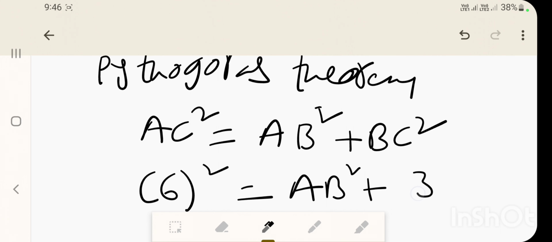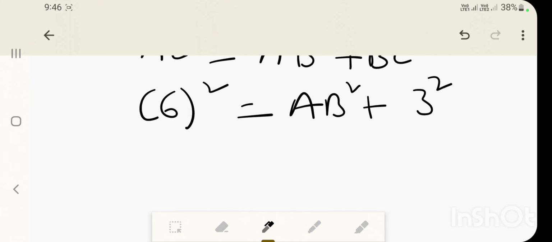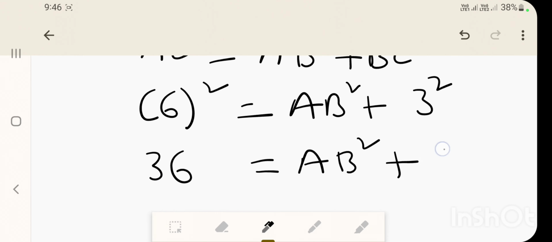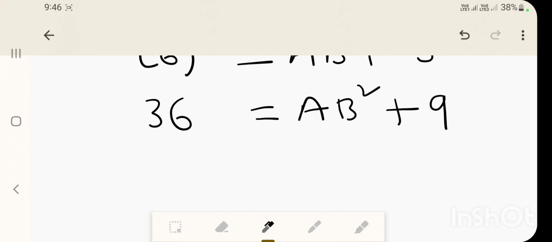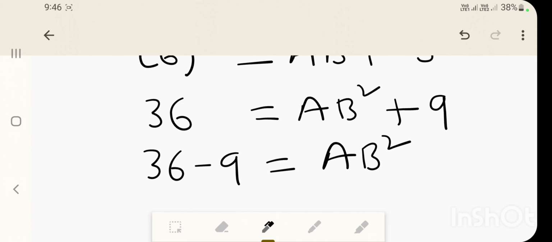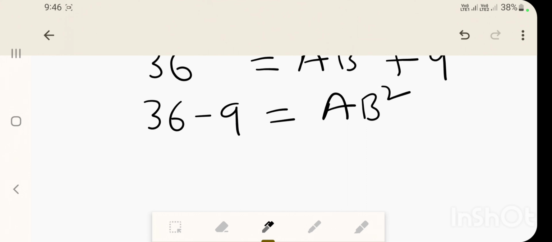So 6 square is 36, equal to AB square plus 3 square, which is 9. Now we bring this 9 to the left hand side, and we get 36 minus 9 is equal to AB square. 36 minus 9 is how much?